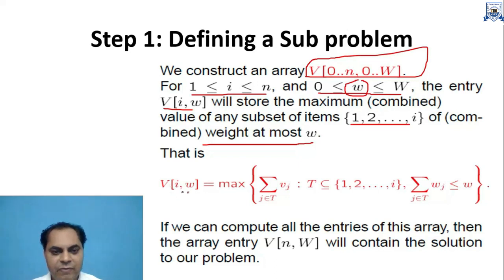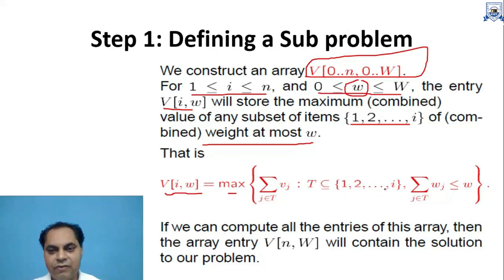So our problem converts into V[i,w] being the maximum over subsets which follow this constraint: the sum of the weights of the collective items is always less than or equal to the current capacity of the knapsack.